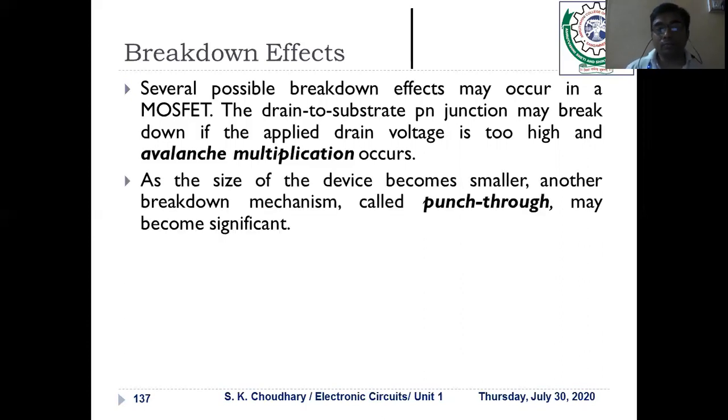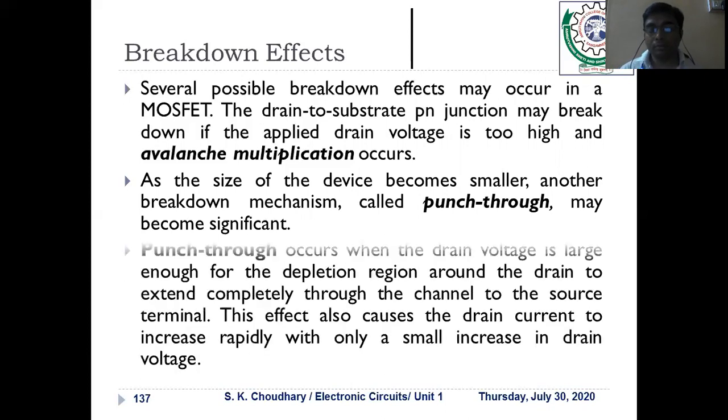Another kind of breakdown is called the punch through. How does it happen? As the size of the devices becomes smaller, another breakdown mechanism called punch through becomes significant.